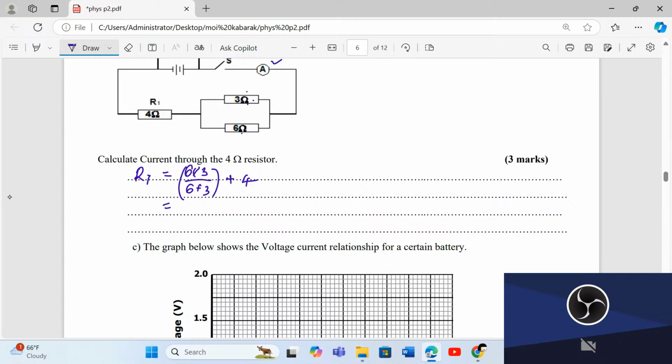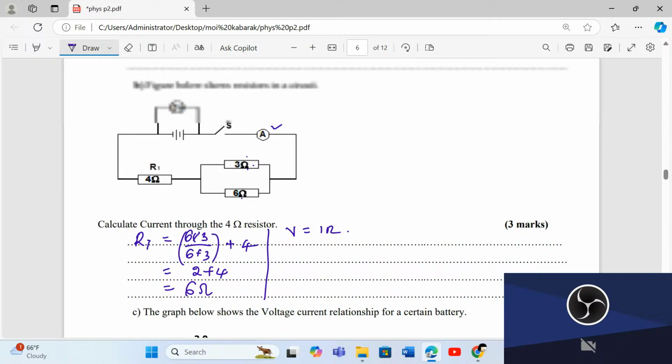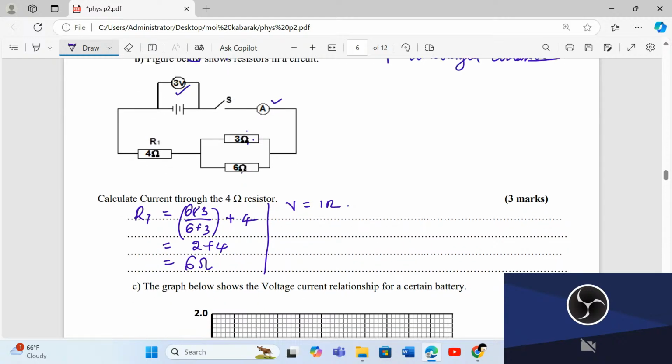This means 2 plus 4, which is the same as 6 ohms. Then we know from Ohm's law, V is equal to IR, where our voltage, which we had already seen is 3, is the same as 6 times I. Making I the subject of the formula, I will be 3 divided by 6.